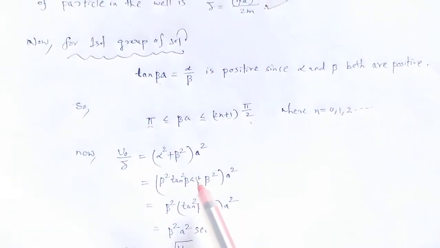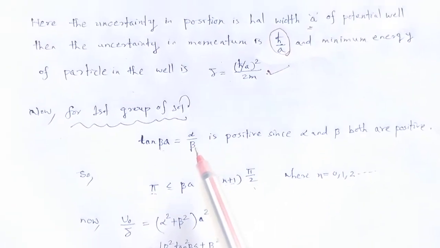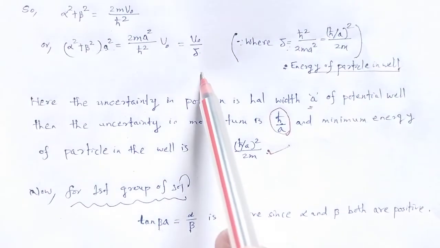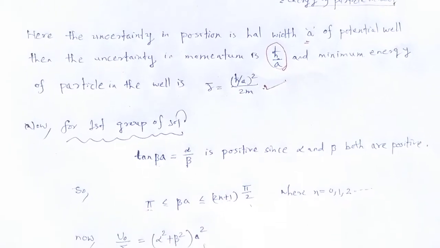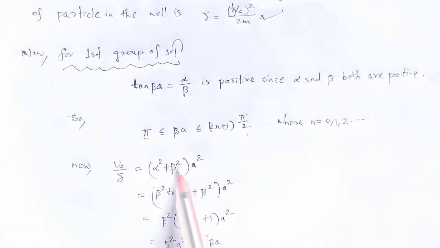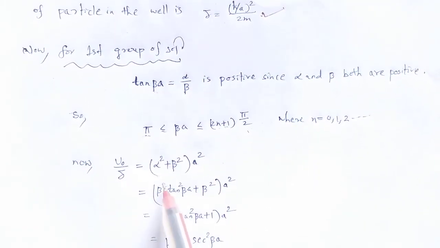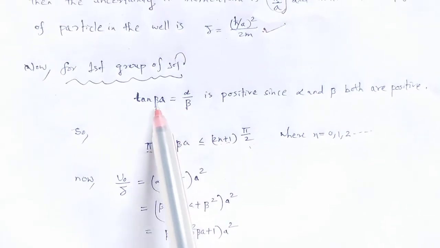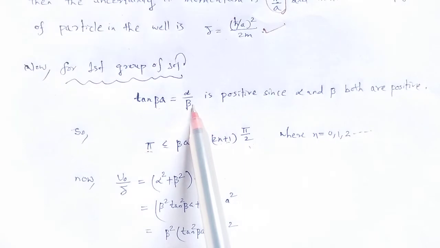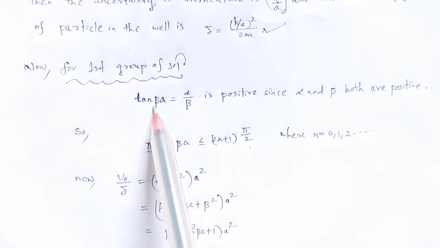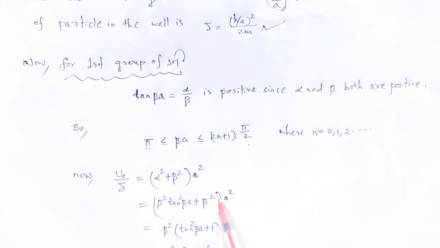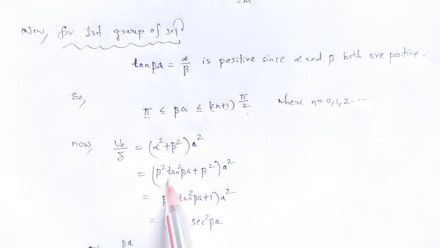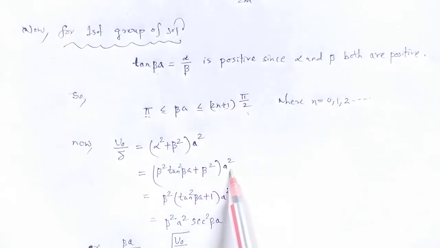Now the term U naught by delta is equal to (alpha square plus beta square) a square. Now we substitute in place of alpha square. Since tan beta a is equal to alpha by beta, alpha is equal to beta times tan beta a, so alpha square is equal to beta square tan square beta a. So we substitute beta square tan square beta a plus beta square, times a square.